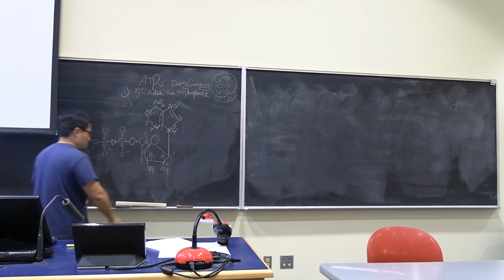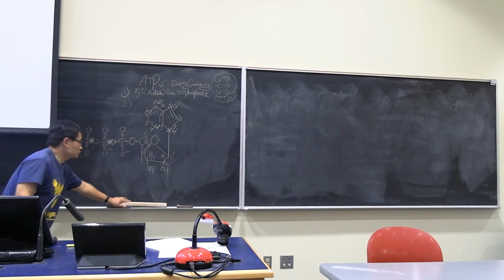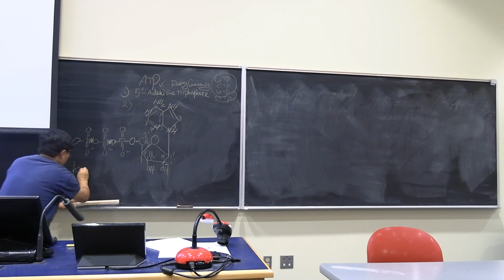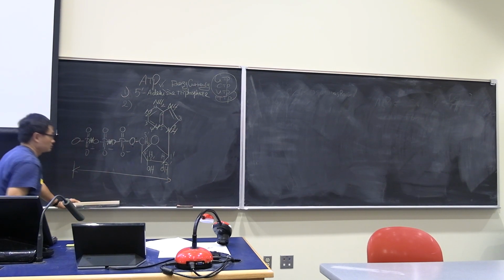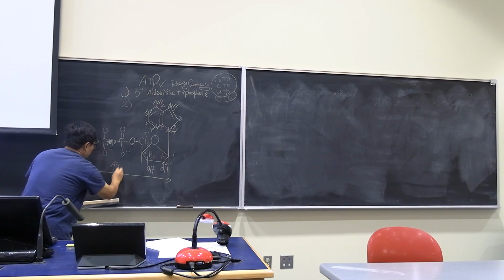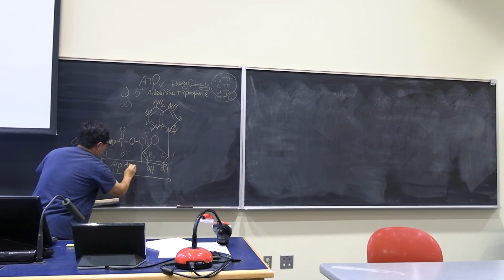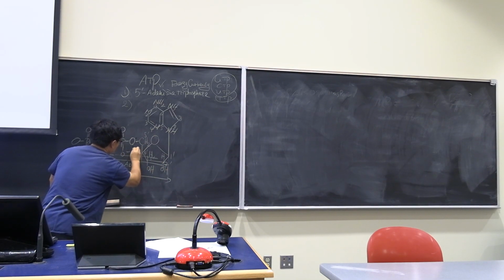Is that right? And then right here. So what is this one called? That's tripolyphosphate. That's ATP. What is it with only this section? ADP. What is it with only here? AMP.